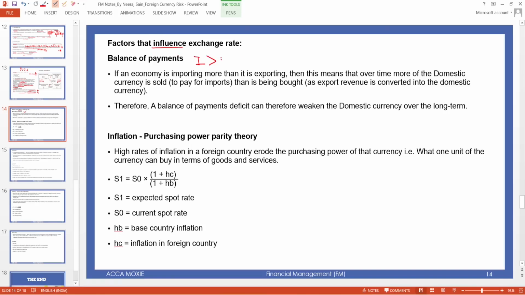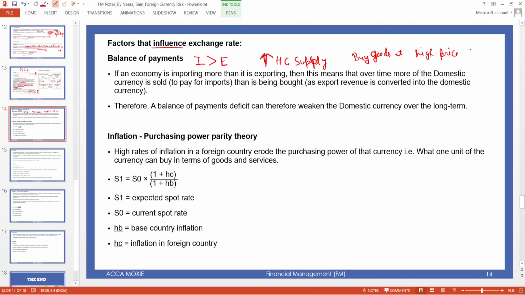If you import more than your export, which means the supply of your home currency in the foreign market will increase, which means that the foreigner will come to your country and try to buy goods at a high price because they have so much of your home currency, so they will try to give a good amount of price to you.